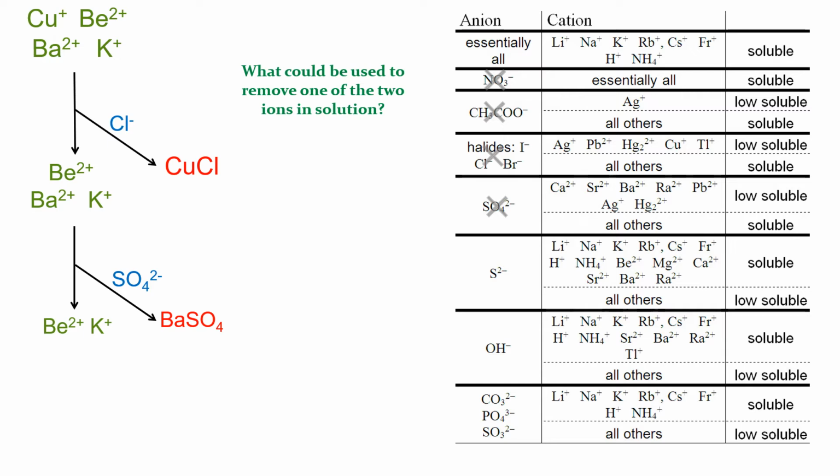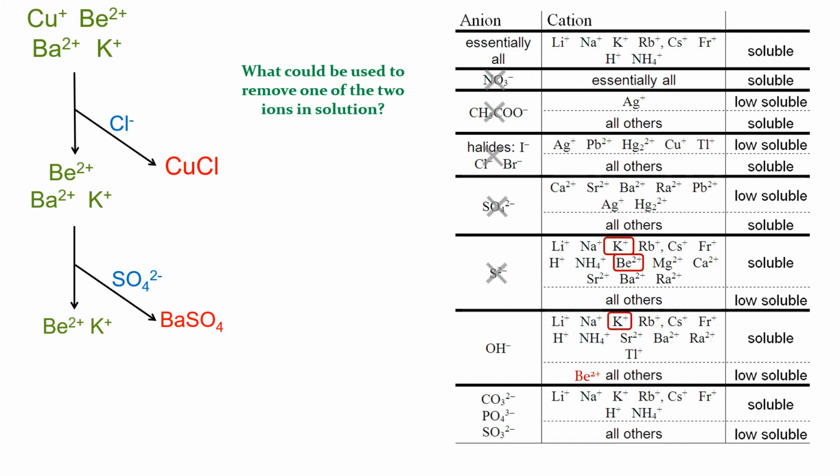What could be used to remove one of the 2 ions that still remain in solution? Well, look at sulfide now. Be2+ is soluble, K+ is soluble, so it will not form a solid with the 2 cations that remain. So I'll cross that out, and I'll move down to now hydroxide. So Be2+ is in the all others category, and K+, it says, is soluble.